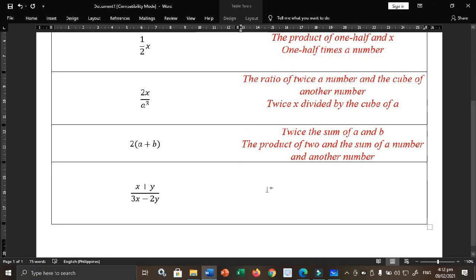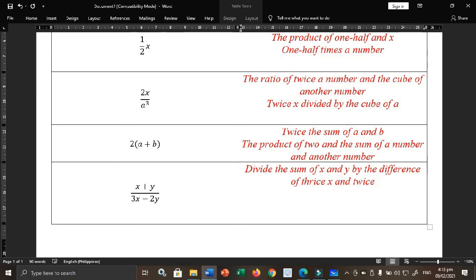And then lastly, we have x plus y over 3x minus 2y. So we can write this as divide the sum of x and y by the difference of thrice x and twice y.